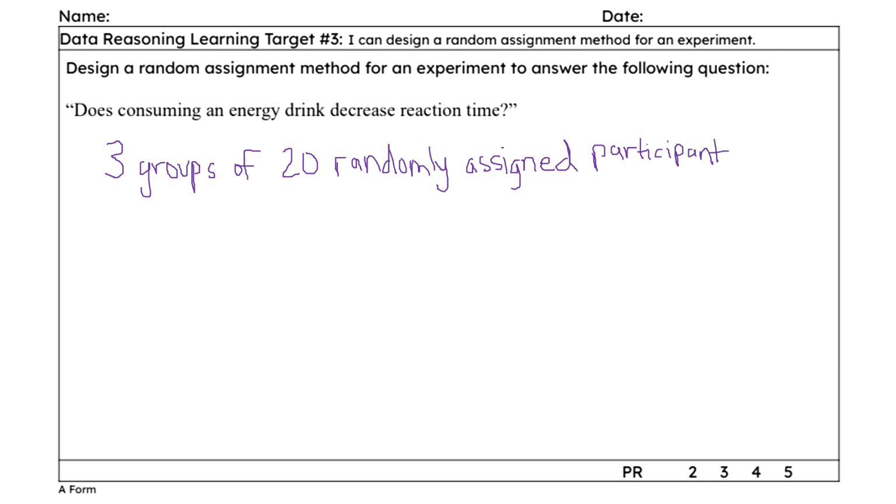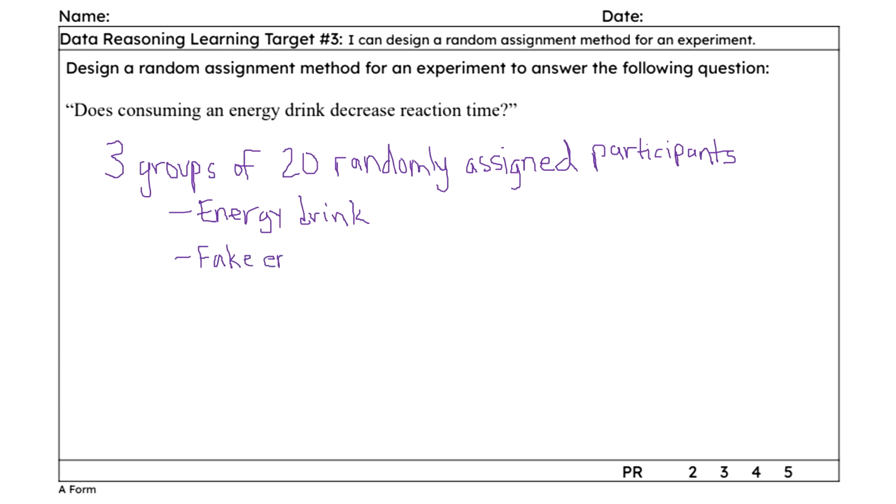Let's define our 3 groups. So your first group is going to be the one with an energy drink. And then the next one will have a fake energy drink. That's your placebo. So it's like not a real energy drink, but it kind of tastes like it.